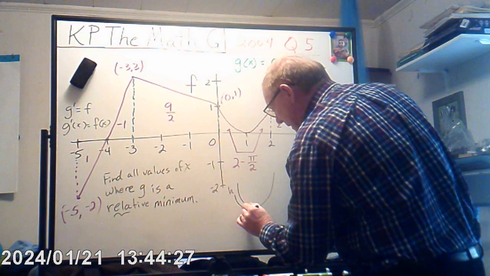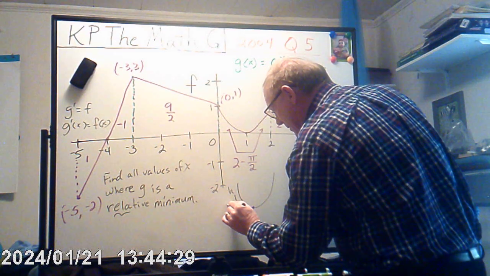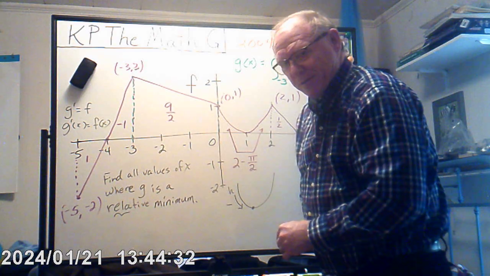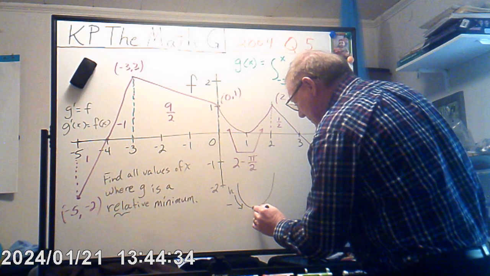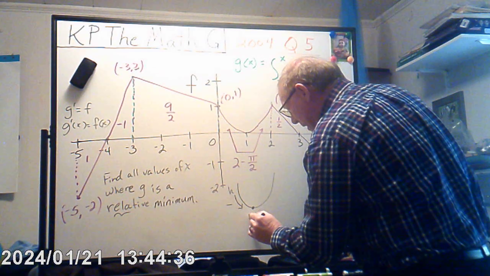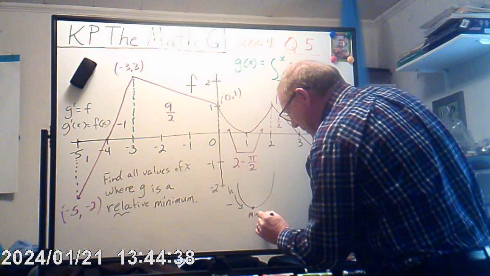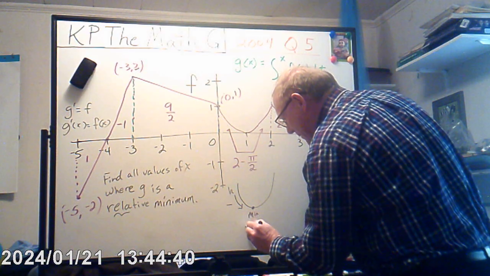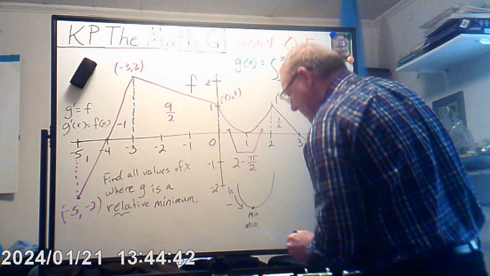This function h is decreasing, going negative, and when it gets to the min, the slope is equal to 0, right here.